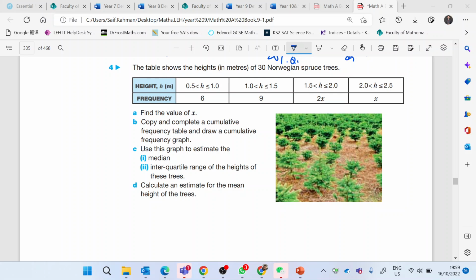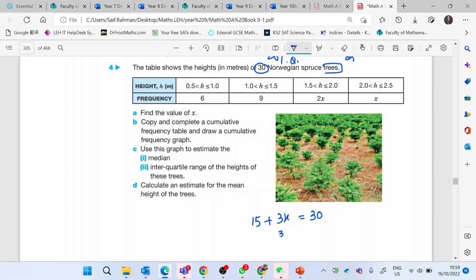Okay, so we have height and frequency here. These are spruce trees, 30 spruce trees. The total trees are 30, right? So 9 plus 6 is 15, plus 3x is equal to 30.